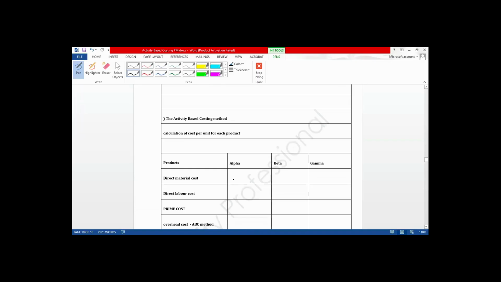Your direct material cost, you pick it: 250, 200, 180. Pick your direct labor cost, which you have calculated before: 1,000, 800, 400.